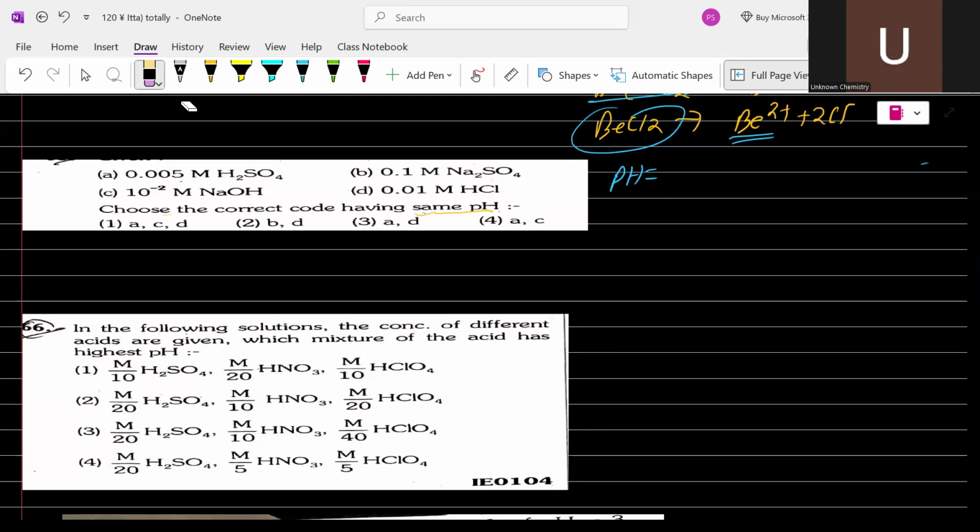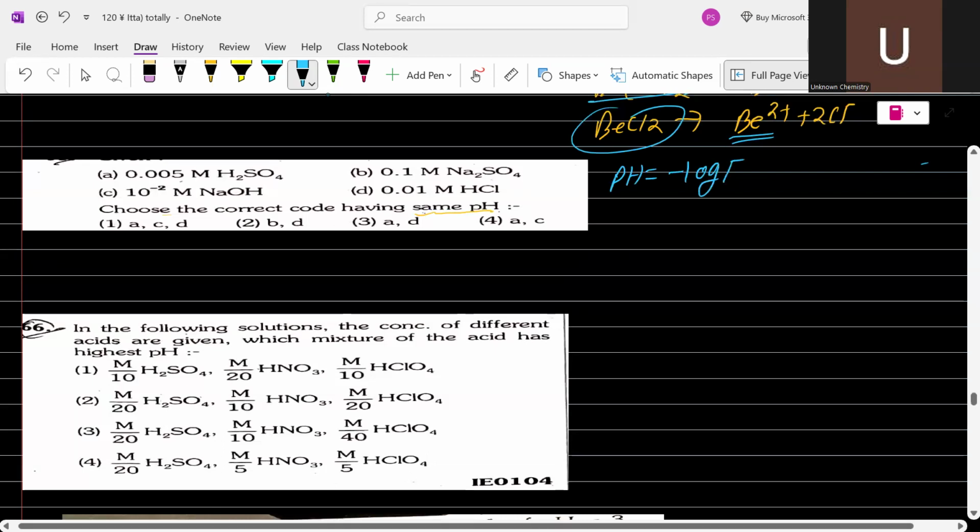What is the formula of pH? It is minus log of the molar concentration of H plus ion, where log is in base 10.